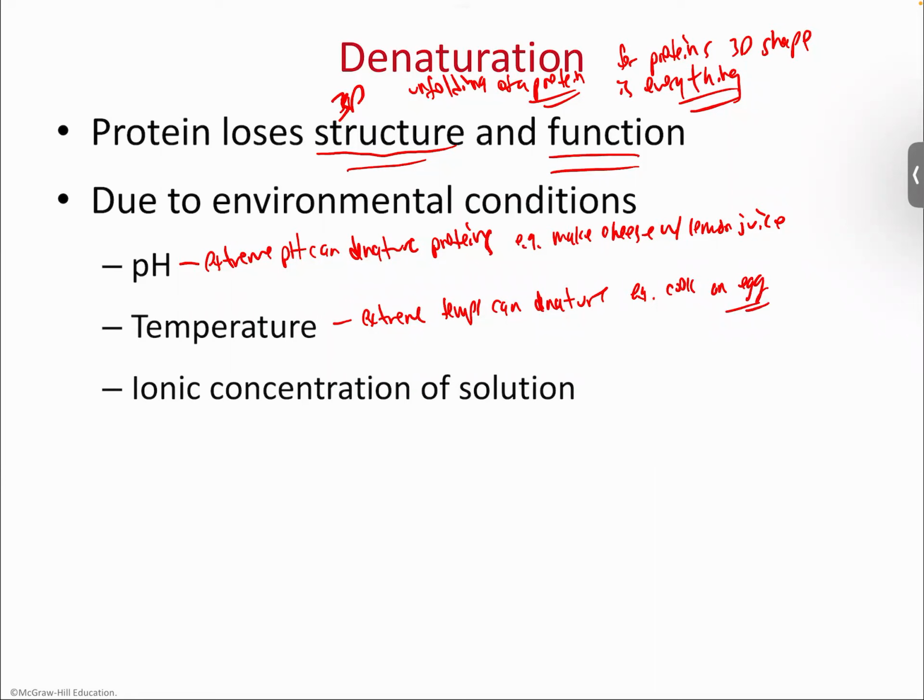What does the egg white look like when you first crack it in there? Clear. Yeah, it's clear. And then as it cooks, what does it look like? Is it still clear after you cook it? No. Yeah, it's opaque. You're right, Cadence. It's opaque and white, right?